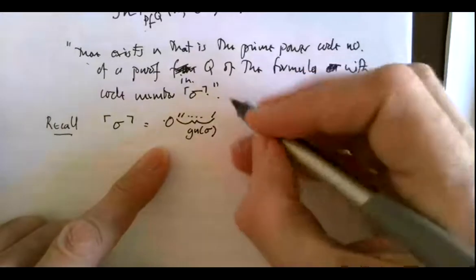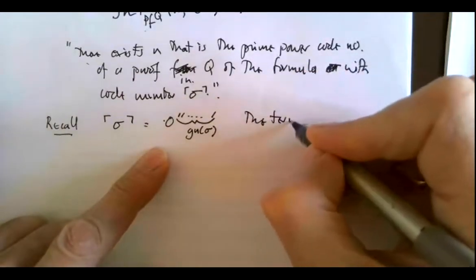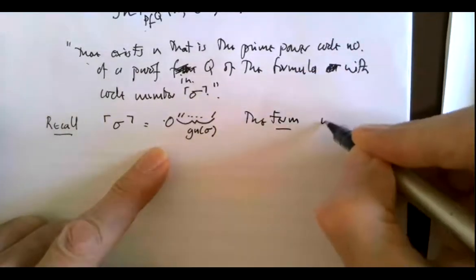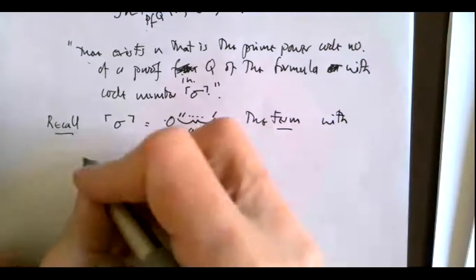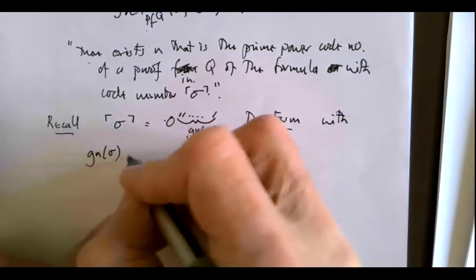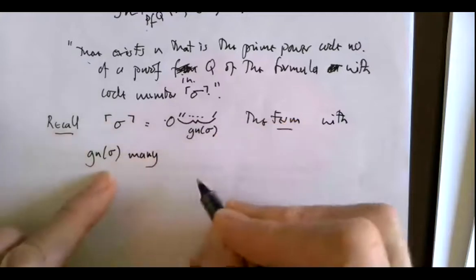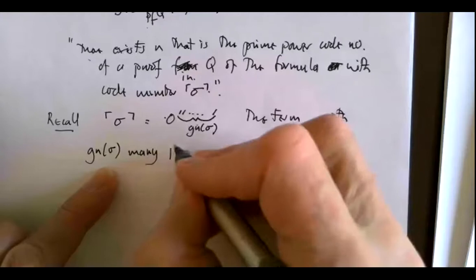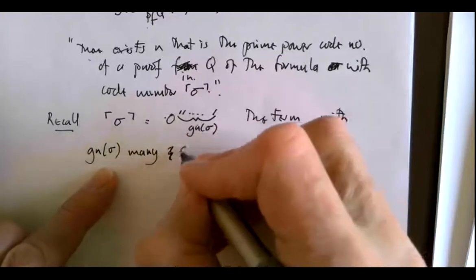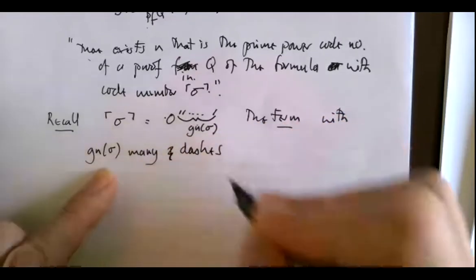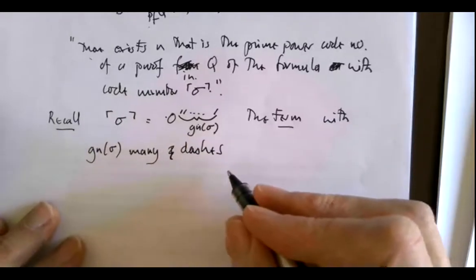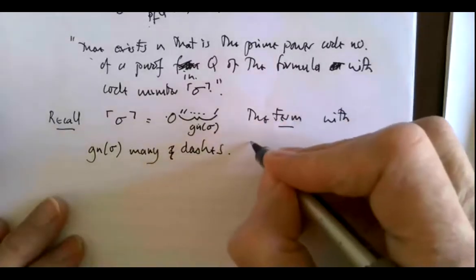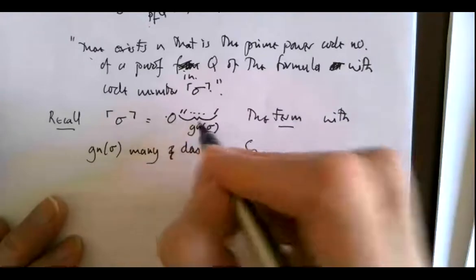So this is the term with Gn of sigma many primes up here. These are dashes, let's call them dashes, so as not to confuse them with other primes.